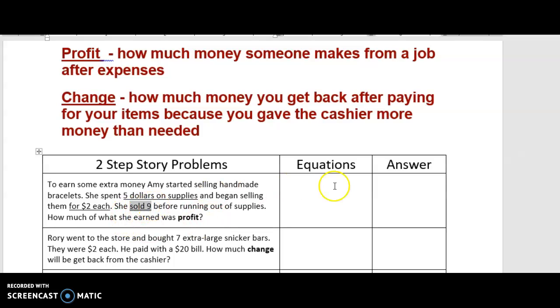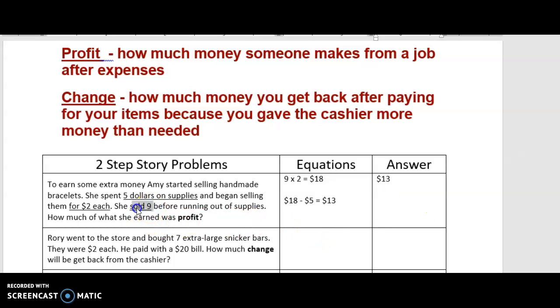Well, she sold 9 of them. So 9, and each of them were $2. So 9 times 2, that equals $18. But remember, her supplies cost her 5. So $18 minus $5, that would mean that she made $13 total from all of her work.